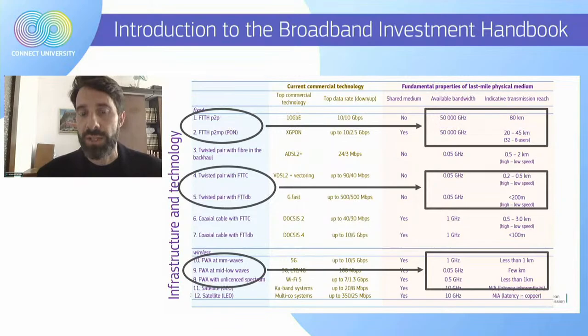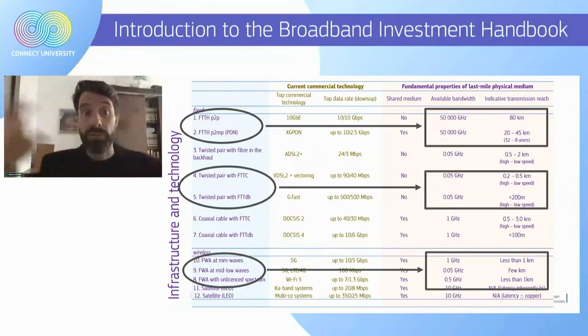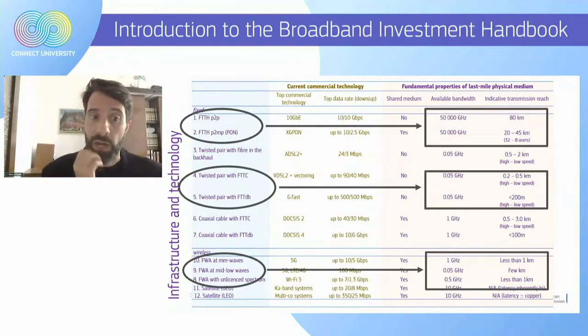So using it for rural areas, which are becoming more and more the focus, because the remaining parts of the territory that are not covered are more and more rural areas. Since the households and the premises are very widespread, can we use wireless technology to cover very distant households there?